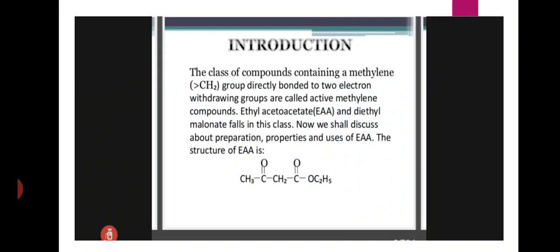Okay, here, ethyl acetoacetate has an active methylene group. Active methylene group means what? The methylene group which is present between two electron withdrawing groups is called an active methylene group. Ethyl acetoacetate has an active methylene group, and diethyl malonate or malonic ester also has an active methylene group.